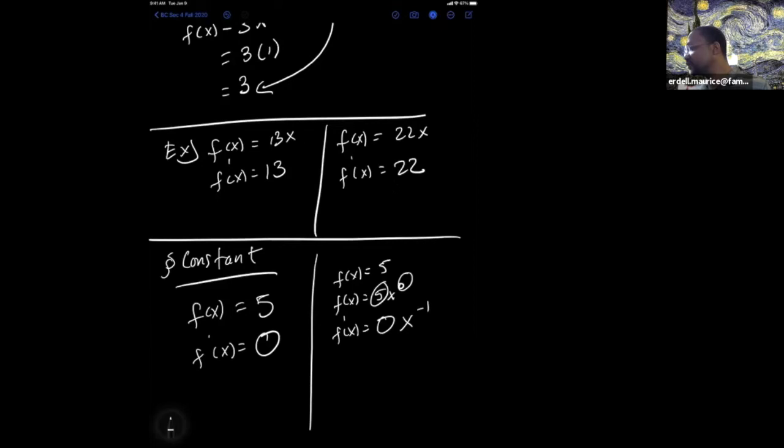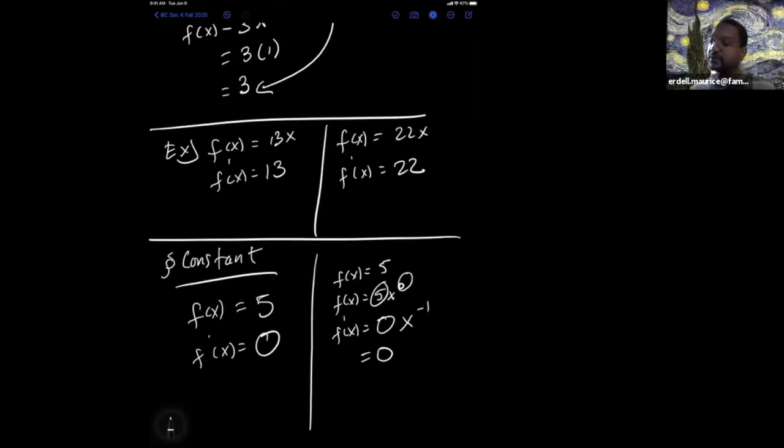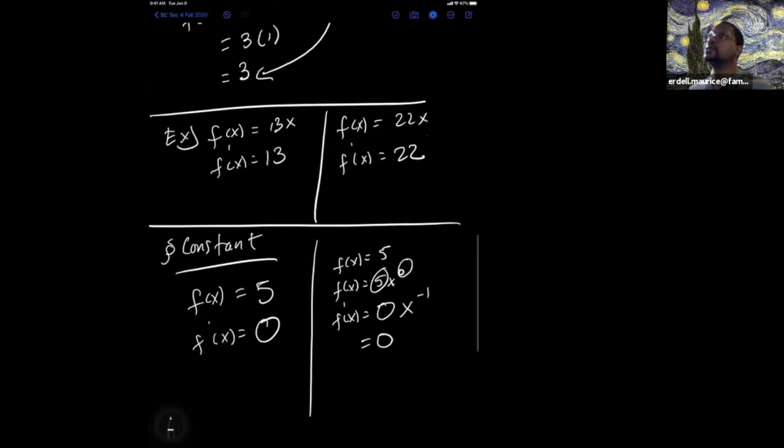And anything multiplied by 0 is 0. So the derivative of a constant, a number that has no variable in it, will always be 0. Questions there?